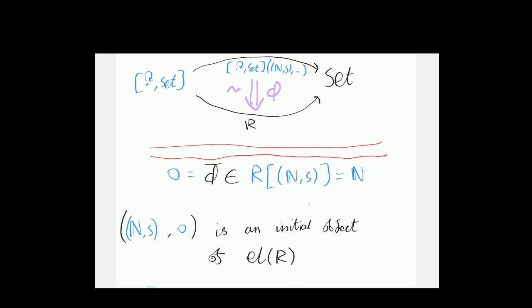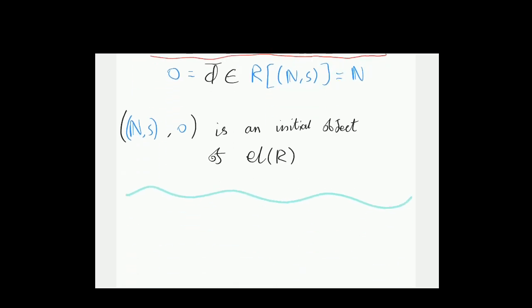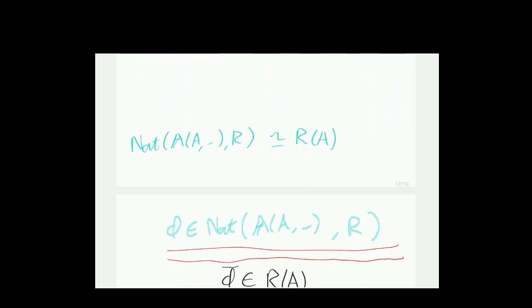So before we get onto it, let's just have a brief recap of the Yoneda lemma, sort of 5-minute refresher. So basically the idea of the Yoneda lemma is that if we have a functor R from a category A to set, then we always have these natural isomorphisms.